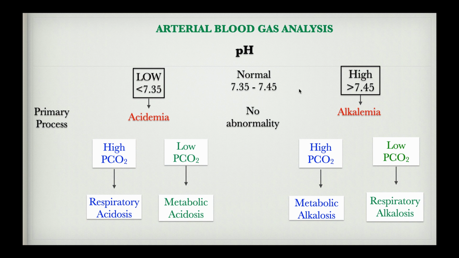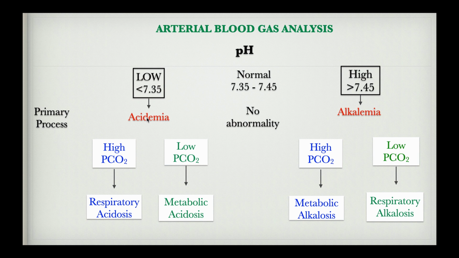But if the pH is higher than 7.45, there is alkalemia, and if the pH is less than 7.35, there is acidemia. Now, this is usually the primary disorder or the primary process.